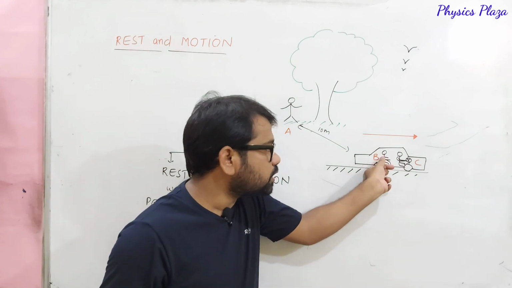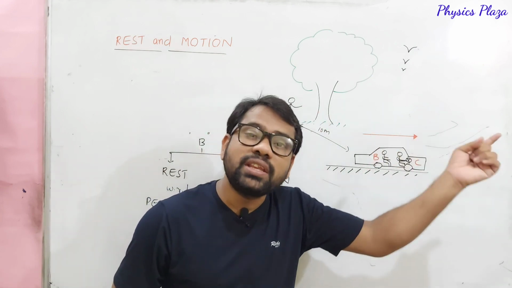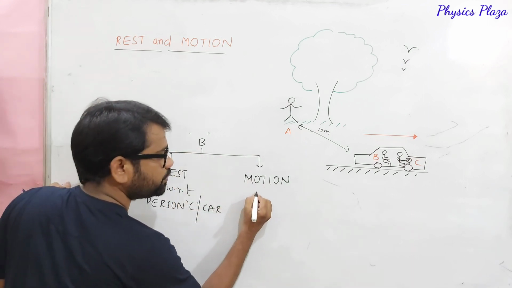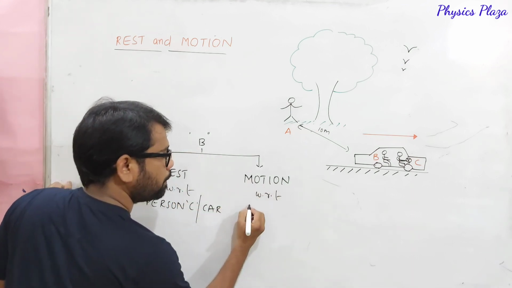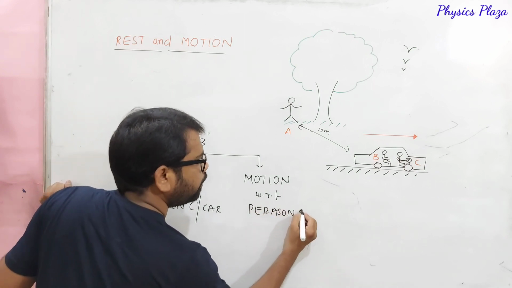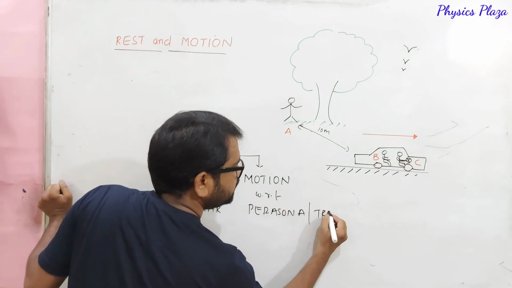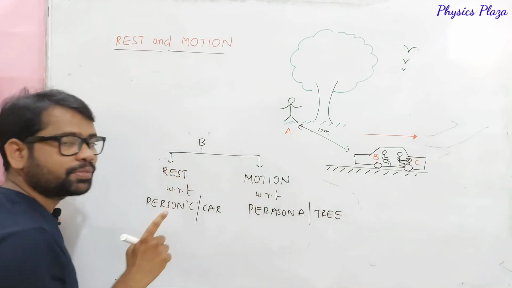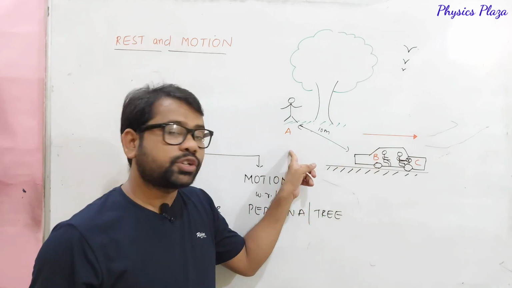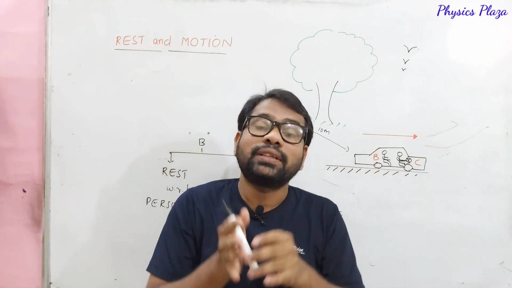The position of the person sitting in the car is changing with respect to person A. So person B is in motion with respect to person A, or with respect to the tree also. So person B is at rest and in motion at the same time. That's what I am saying.